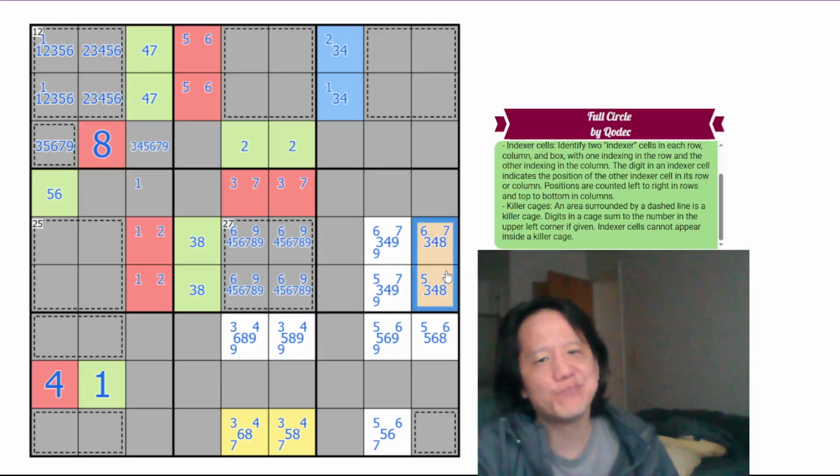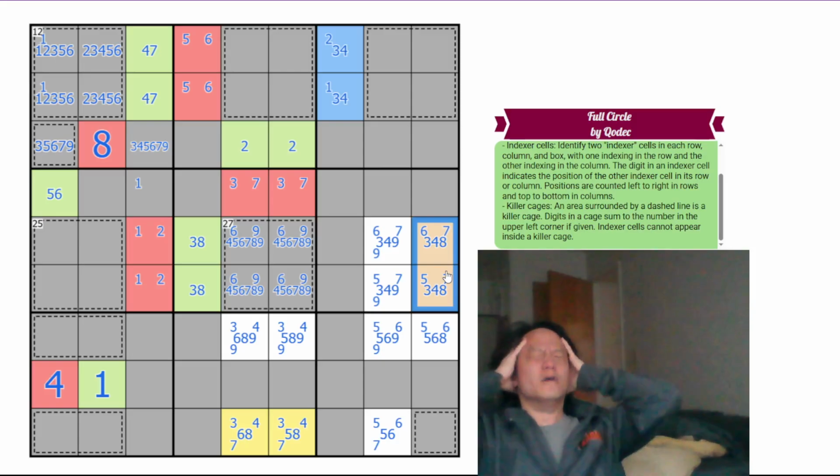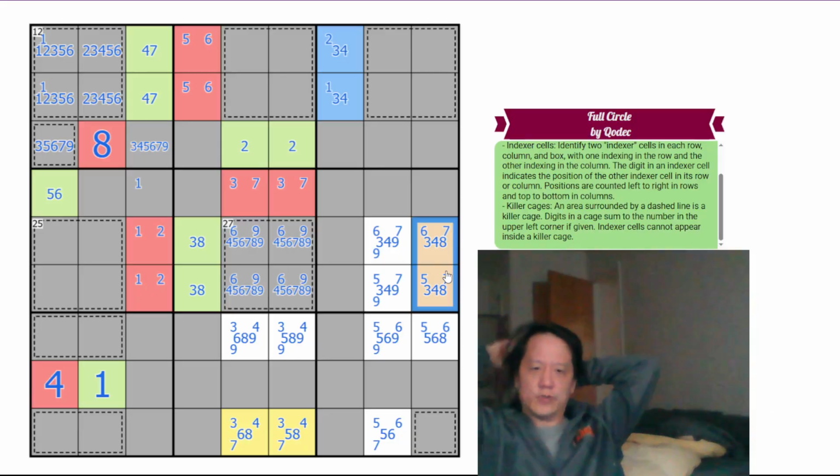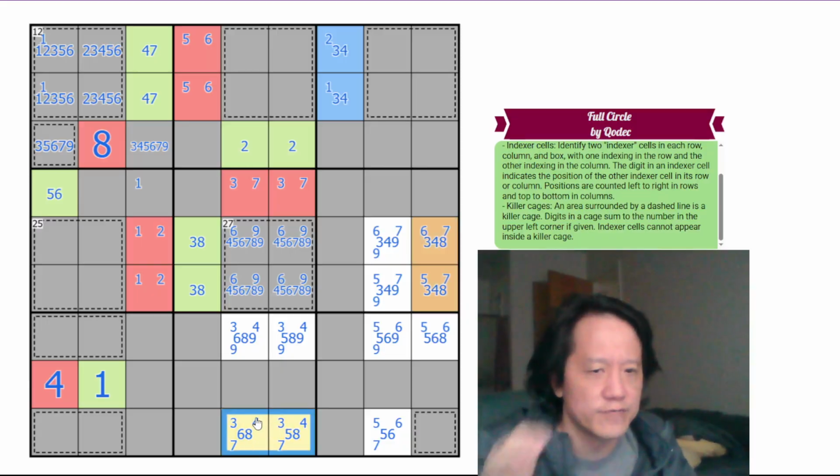Okay, but we are guaranteed an indexer here and an indexer here for certain.